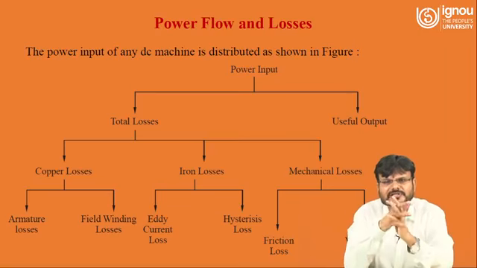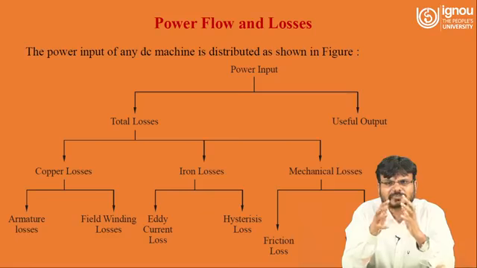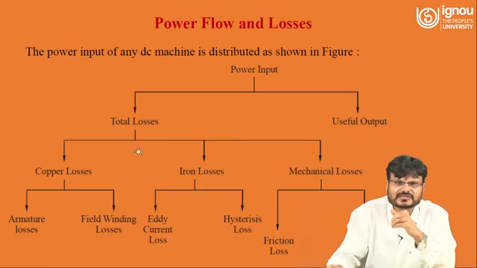Now we have to understand the power flow and the losses, how the power flows in the DC motor. Power input is equal to what? Output plus losses. And these losses can be classified as copper losses, iron losses, and mechanical losses.